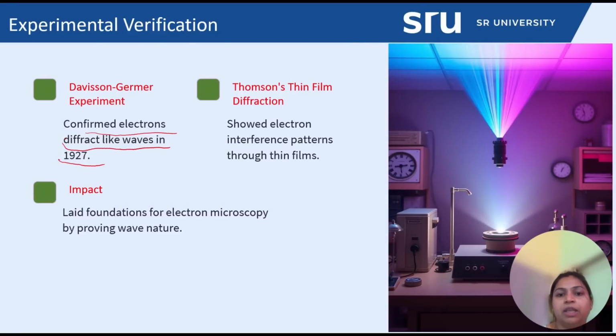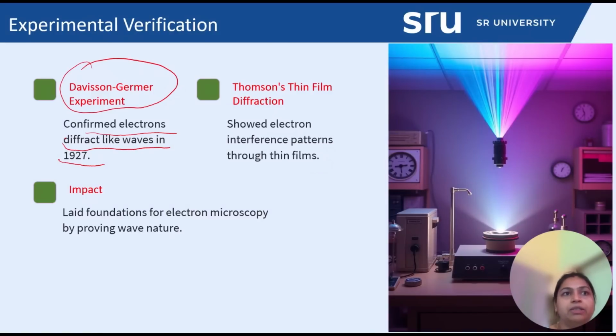Thomson's thin film diffraction shows the electron interference pattern through a thin film. And its impact: it laid the foundation of electron microscopy by proving wave nature. So we will discuss in detail this Davisson and Germer experiment.